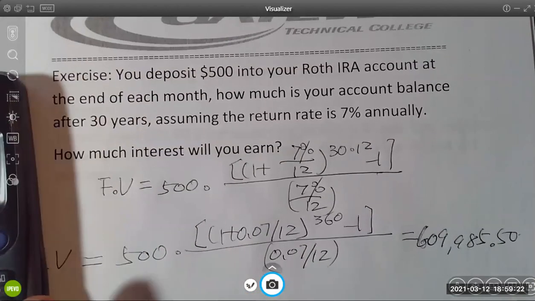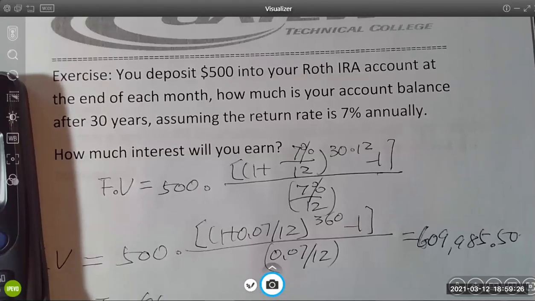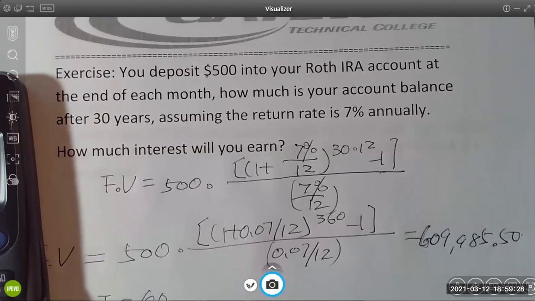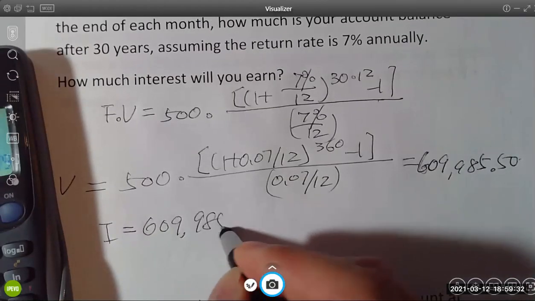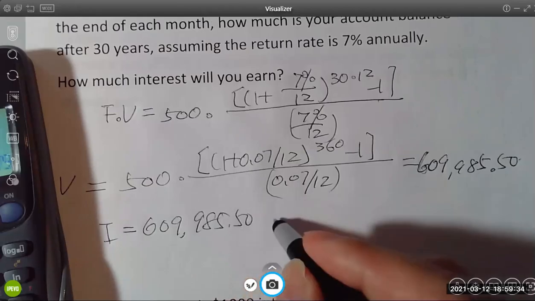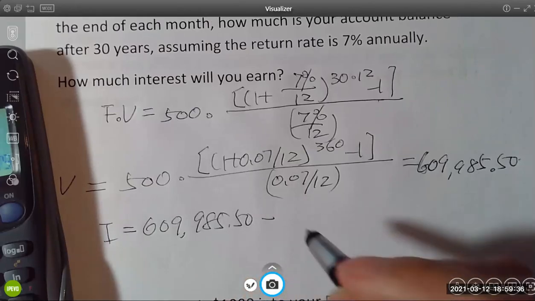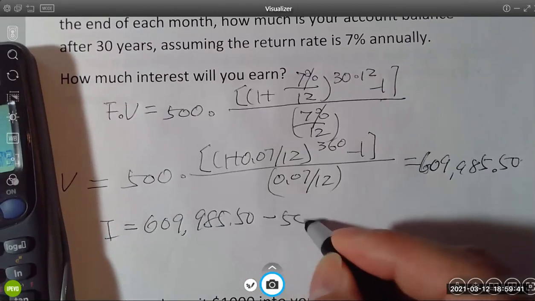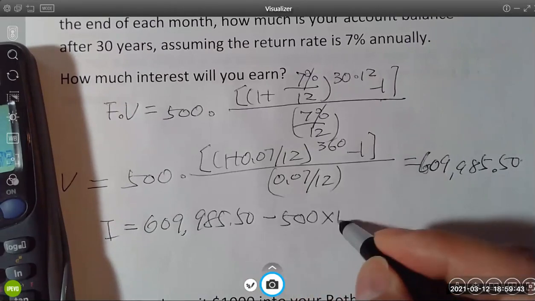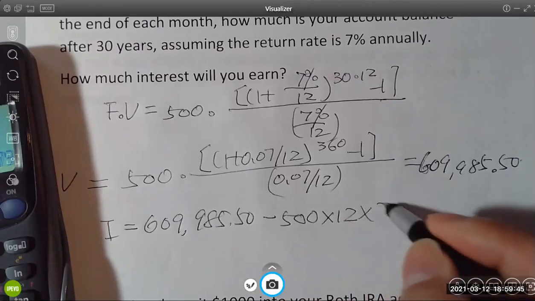Now, let's find the interest, right? Interest is the total final account value, 609,985.50, minus your total deposit amount. I'm sure this will be the same, but let's just calculate it. 500 each month, 12 months in a year, and 30 years of time.